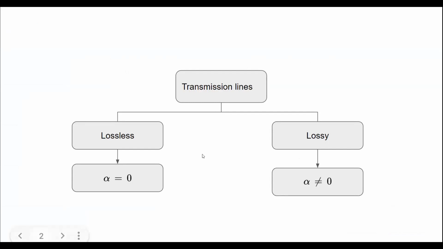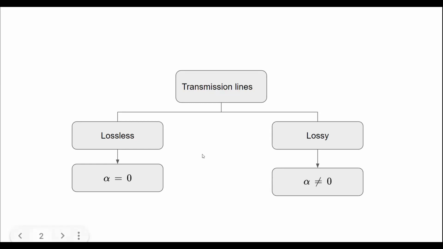So that means that once we are considering transmission lines, we need to consider that the wave propagating in the line will get attenuated due to some constraints in the transmission line, imperfections in the transmission line, or other environmental parameters. And in that case, the magnitude of the voltage and current waves will vary with the position in the transmission line, right? So in that case, we need to consider two types of transmission lines, right?